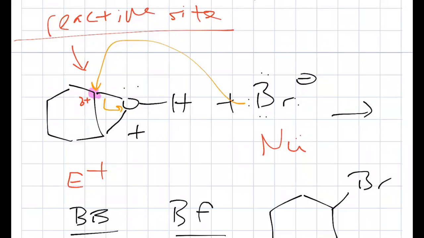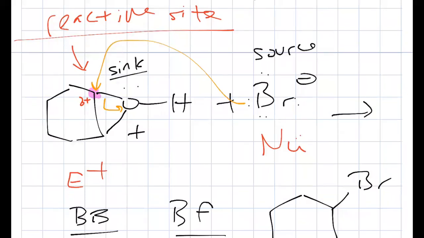Because it's supposed to be source to sink, not sink to source. That's always the case in chemistry. You never push electrons towards a negative. You always push them away from the negative, right? So this is my source, and this is what?